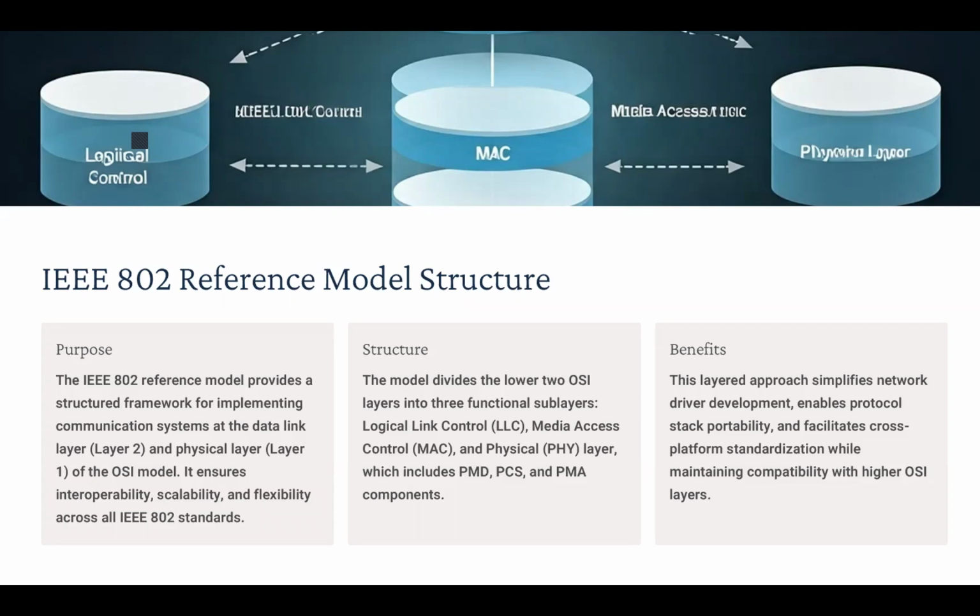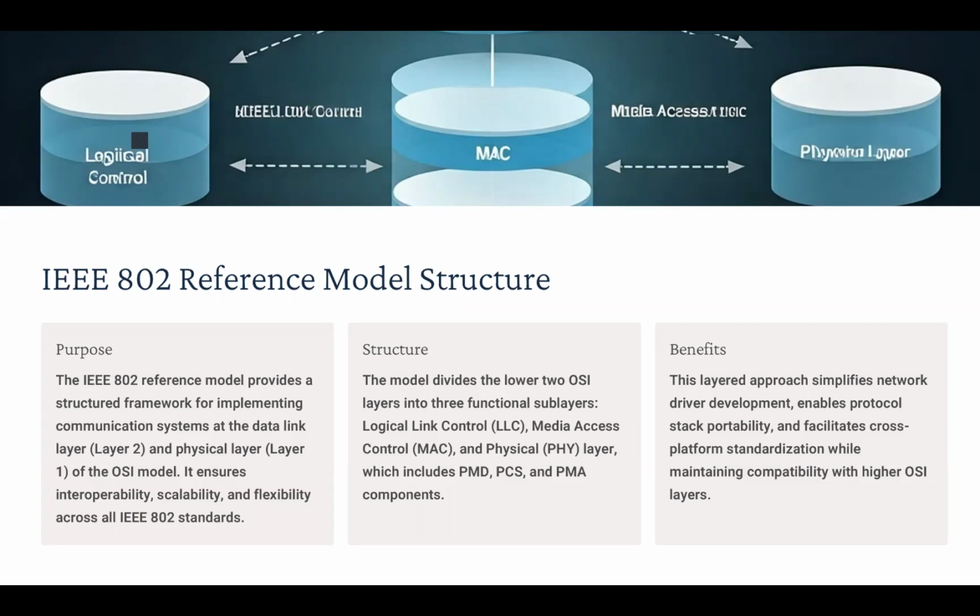The LLC sublayer is at the top of layer 2 and gives us a uniform interface for upper layer protocols and hides the differences in the underlying MAC and physical implementation. The MAC sublayer is responsible for framing, addressing, medium access control, and flow control, and it is significantly different between Ethernet and Wi-Fi.